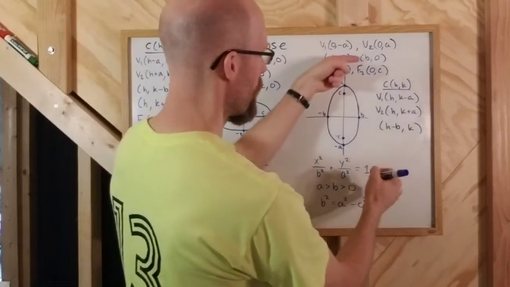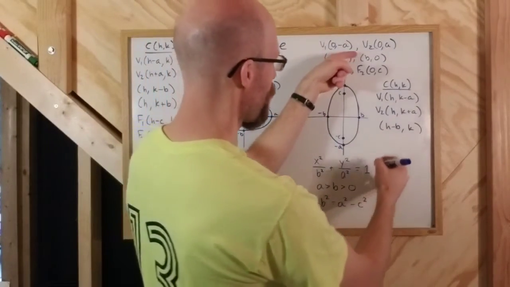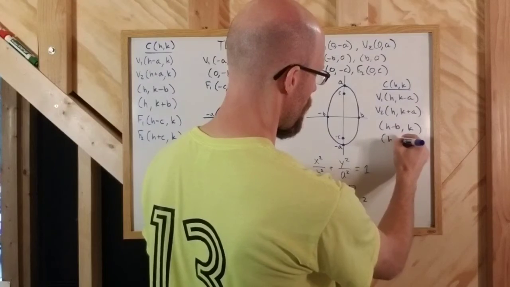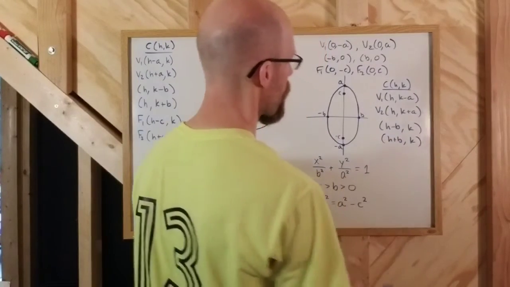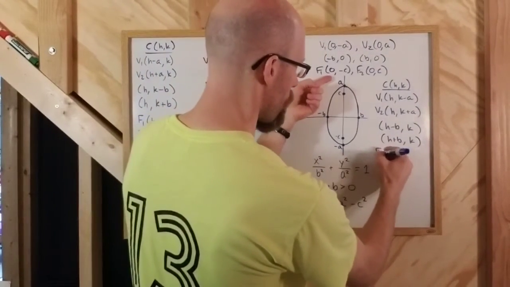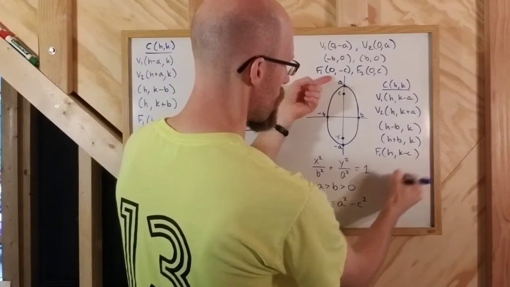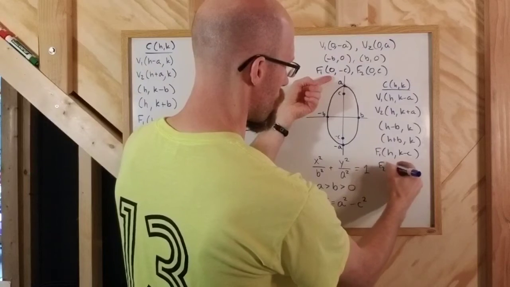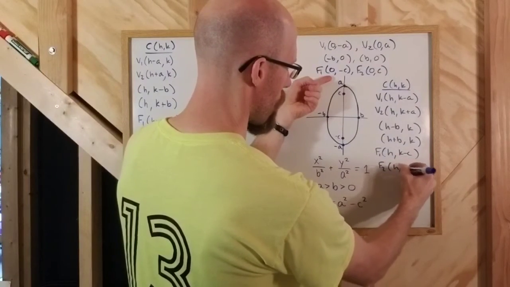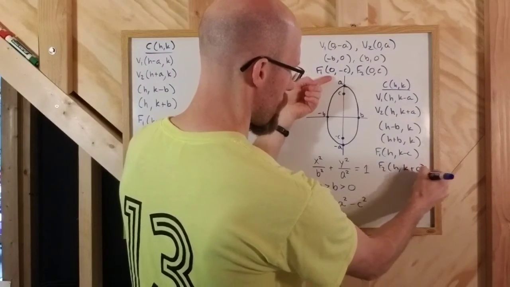That works, right? Yeah. Then this one becomes h plus b, k. And then the 2 foci, focus 1 would become h, k minus c. And focus 2 would become h, k plus c.